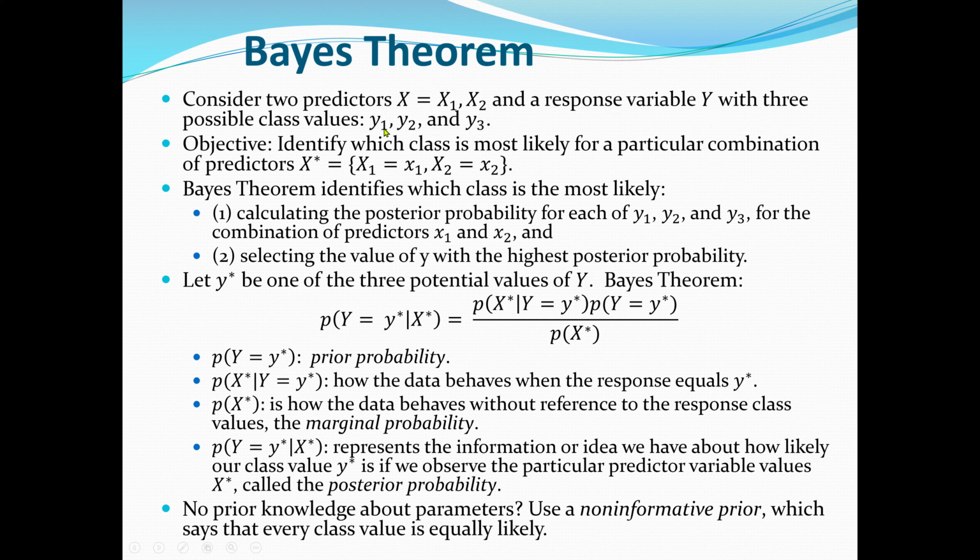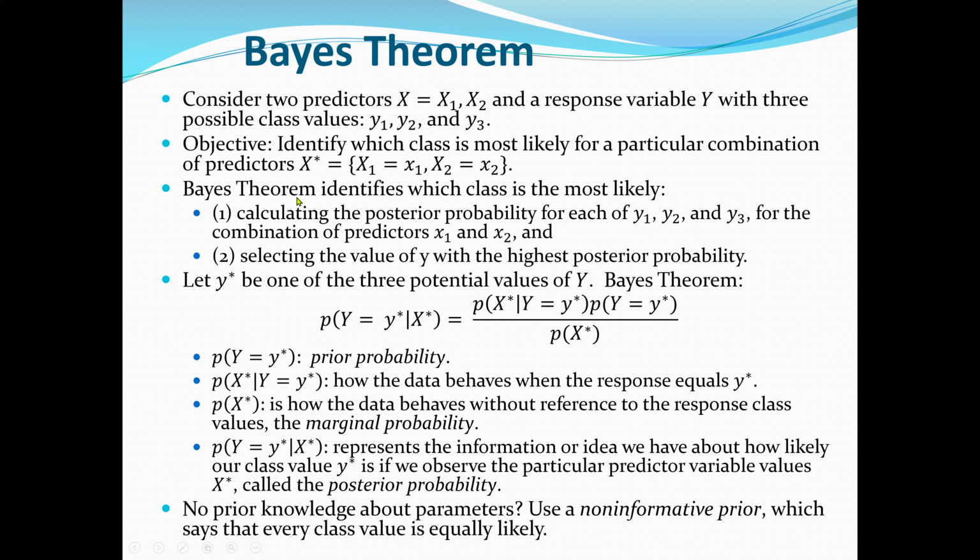So Y can be Y1, Y2, or Y3 based on the X1 and X2 values. Our X1 and X2 are our predictors, and our response variable is Y. Now, the objective here is to identify which class is most likely for a particular combination of the predictors X1 and X2.